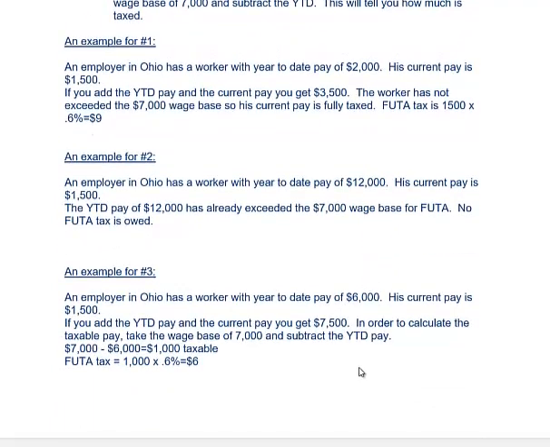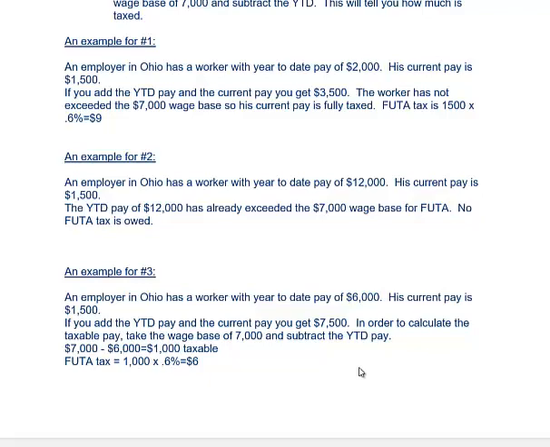If an employer in Ohio has a worker with a year-to-date pay of $6,000, his current pay is $1,500. If you add the year-to-date pay and the current pay, you get $7,500. This means that part of his pay is under the $7,000 limit and part of the pay has exceeded the $7,000 limit and is not taxed.